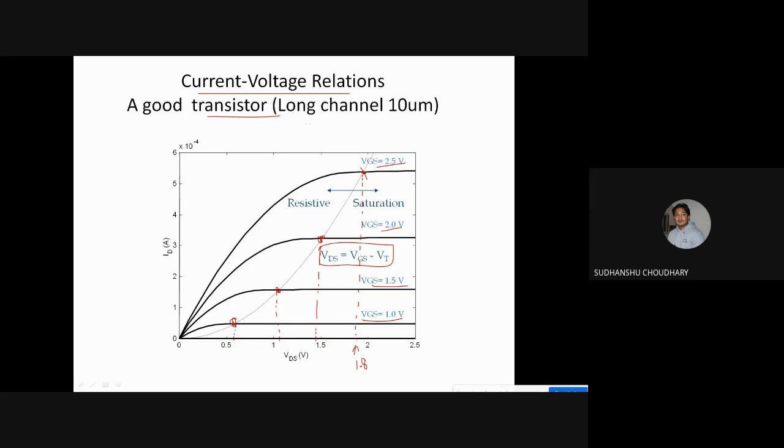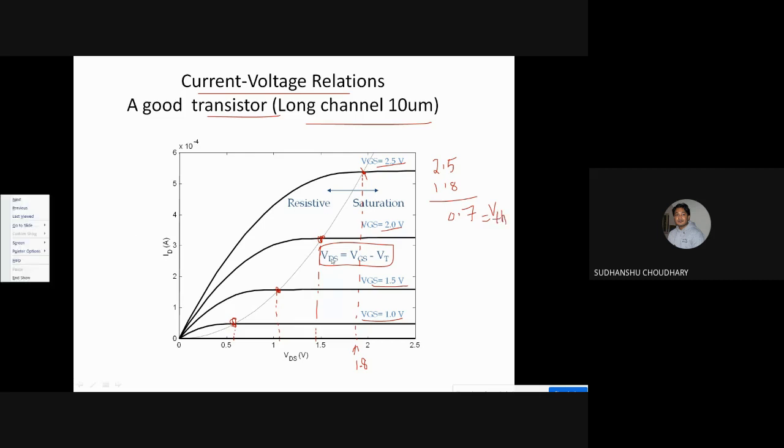Since this is a long channel MOSFET, if I subtract 2.5 minus 1.8, this is 0.7 volts. So that means VT of this MOSFET is 0.7 volts.